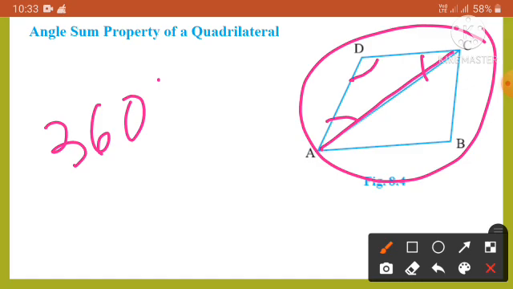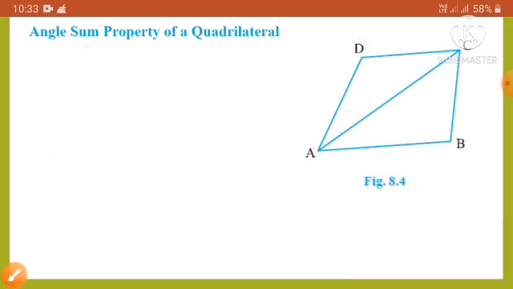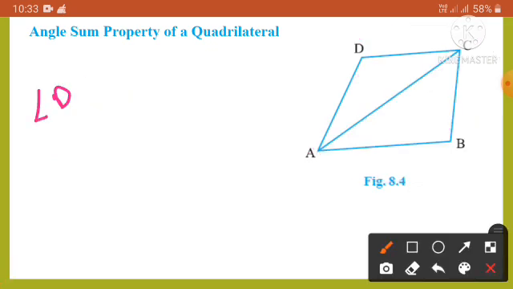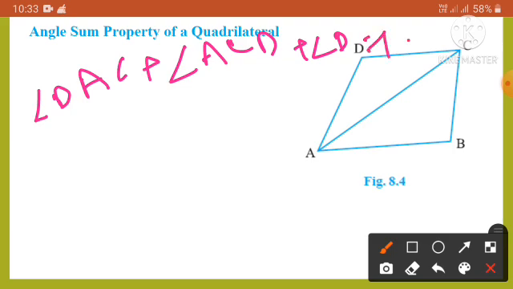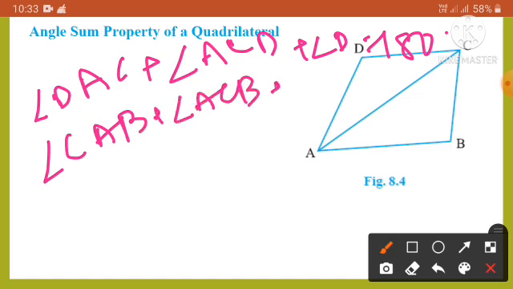And also in triangle ABC, angle CAB, angle ABC and angle BCA equal 180 degrees. So we get angle DAC plus angle ACD plus angle D equal to 180 degrees, and also angle CAB plus angle ACB plus angle B equal to 180 degrees.